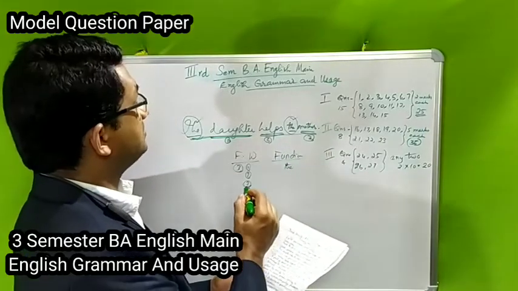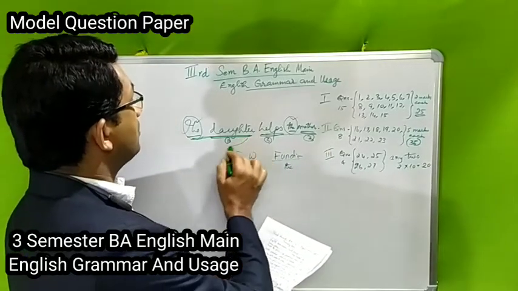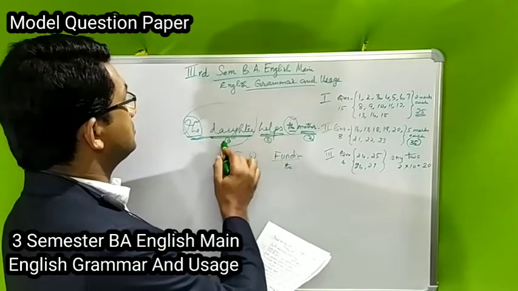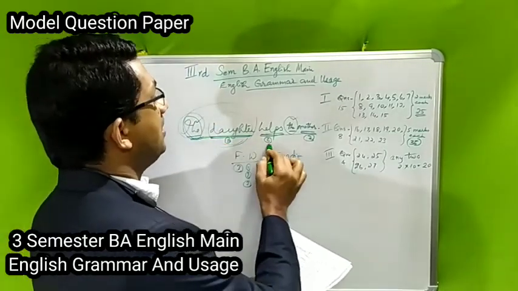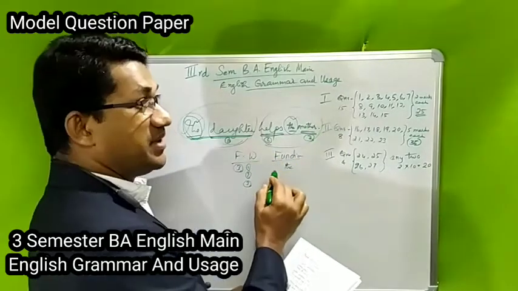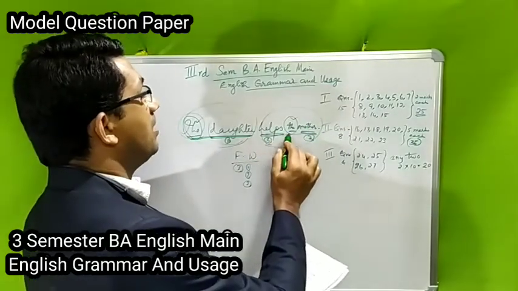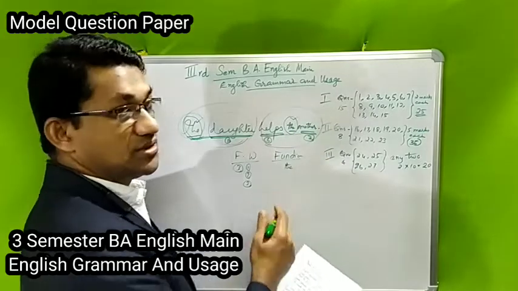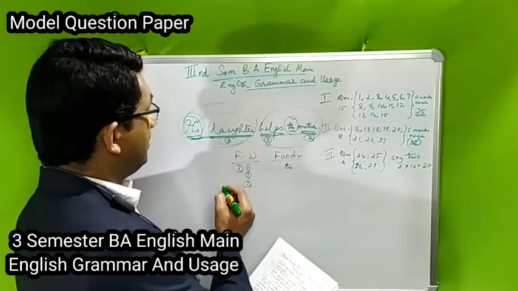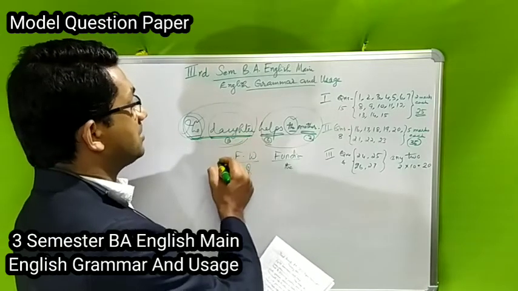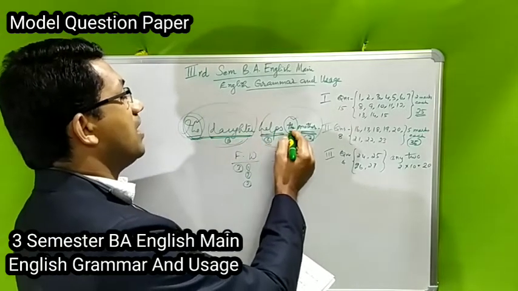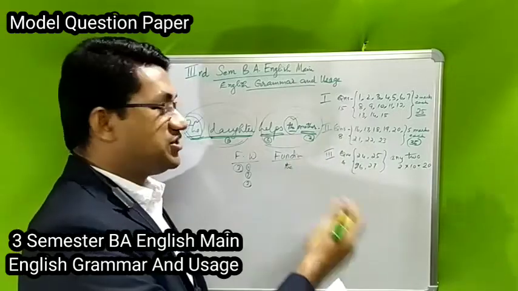Daughter is a noun, the is a definite article, helps the mother is the predicate, helps is a verb, and the mother is the object. So: the daughter, subject; helps, verb; the mother, object.